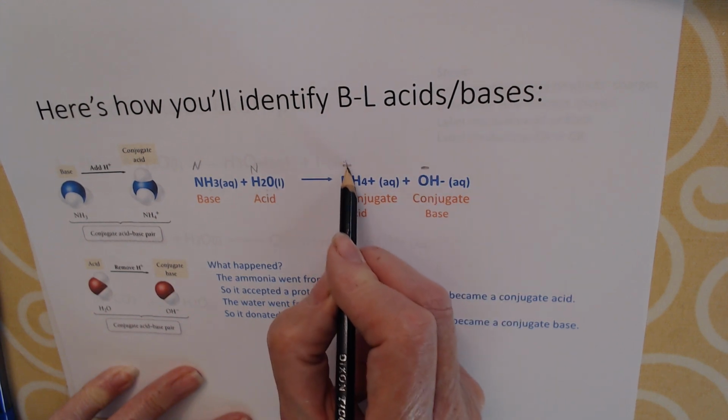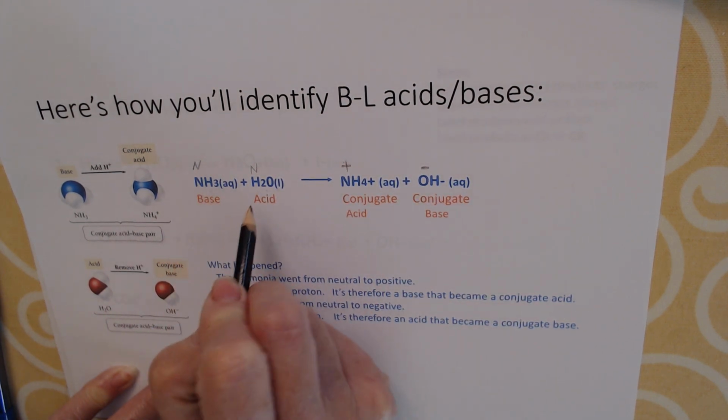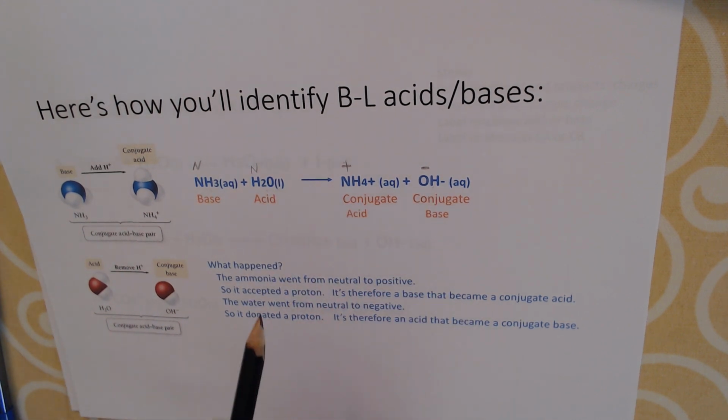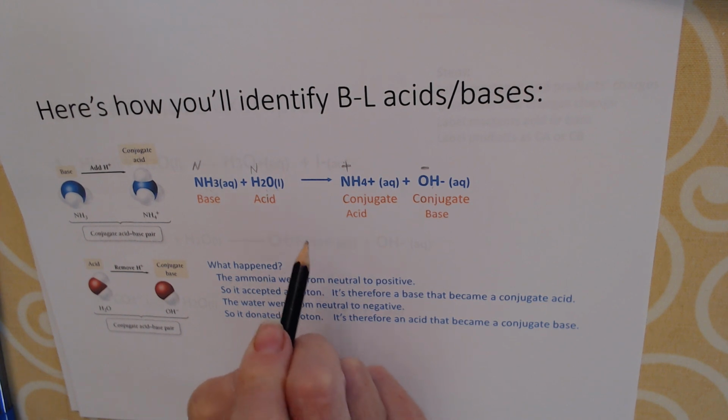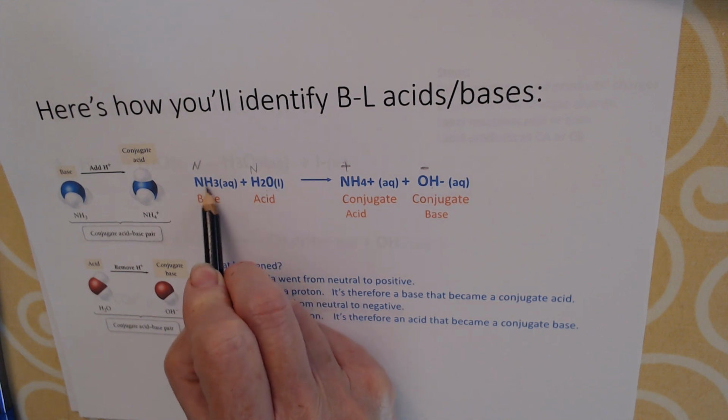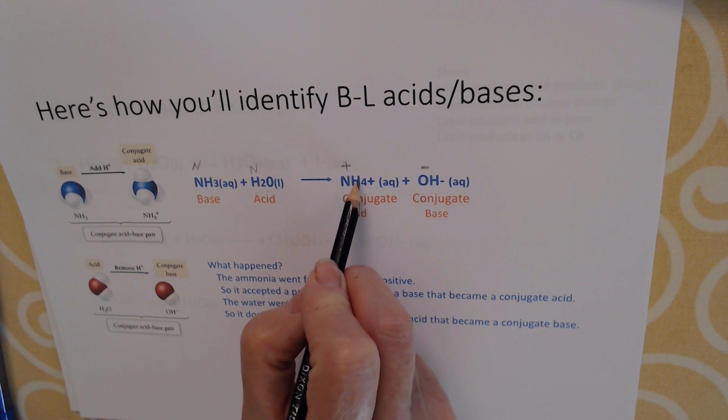So the first thing we always do is we identify the charges that are present on each particular substance that we've got involved in our reaction. And next we come along and say, okay, I know that acids donate, so who donated what? And I say my neutral thing here became a positive, so it accepted.